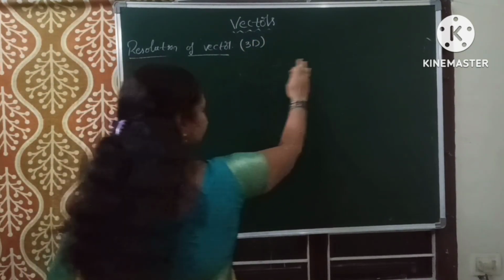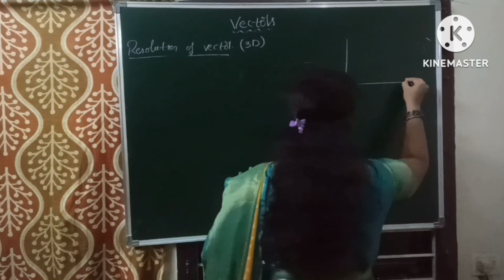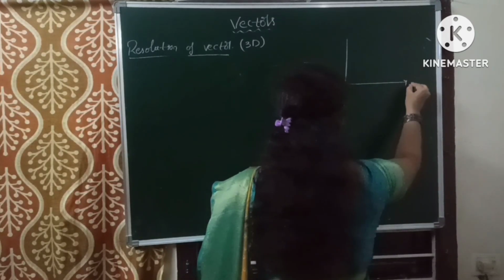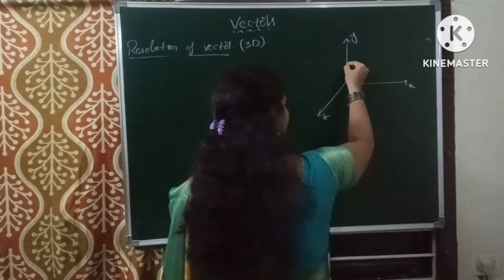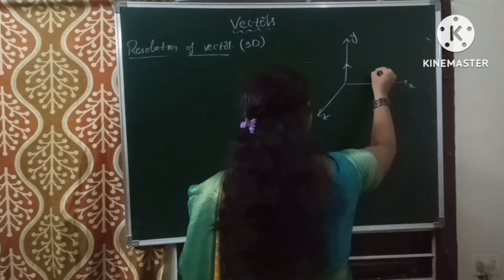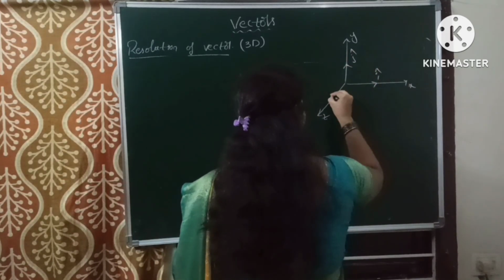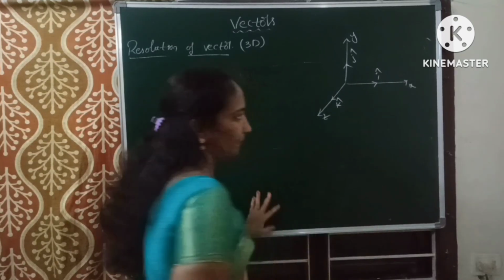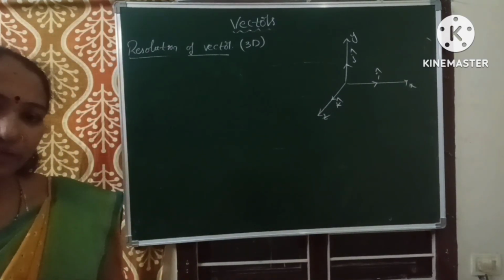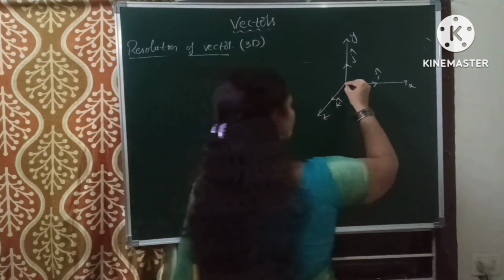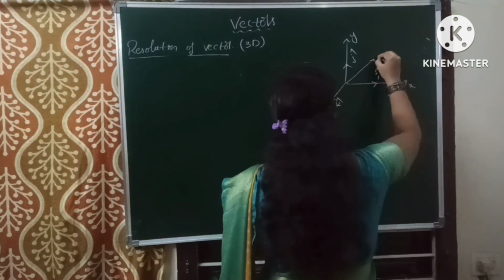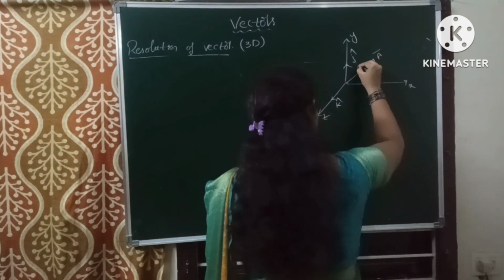So for that purpose, let us consider a Cartesian system. Cartesian system is x-axis, y-axis and z-axis. Along x-axis unit vector is i cap, along y it is j cap and here it is k cap. Orthogonal unit vectors. Right. Now I consider here one more vector. Vector name is again a bar.